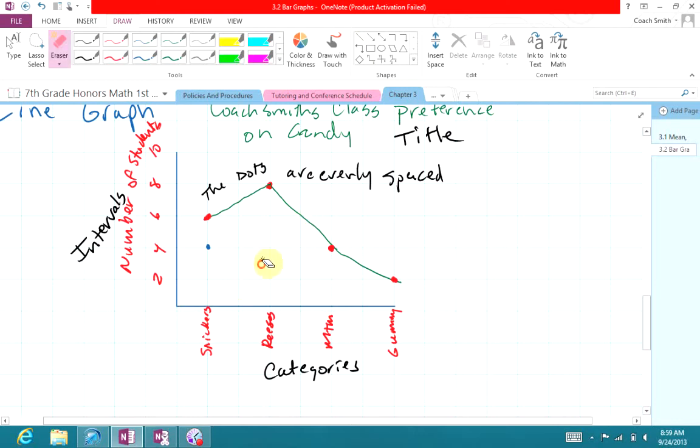Like if we wanted to do the boys and the girls like we did a while ago, okay, and you could have this right here. Okay, and that would be a double line graph. If you had that, you would need to have a legend or key, letting us know what each line stood for. Okay, but that would be a double line graph.